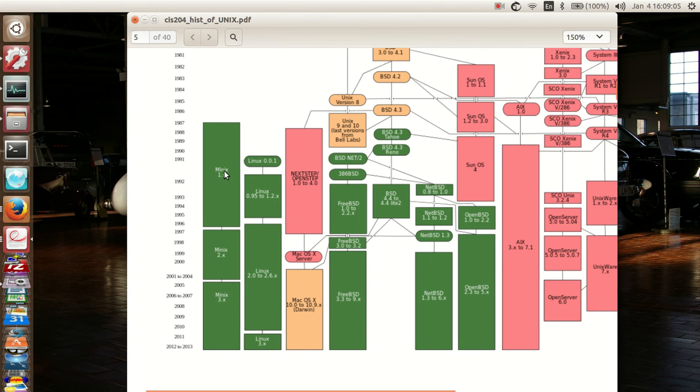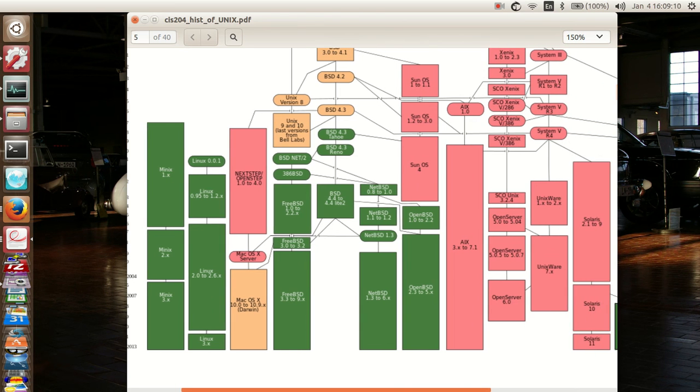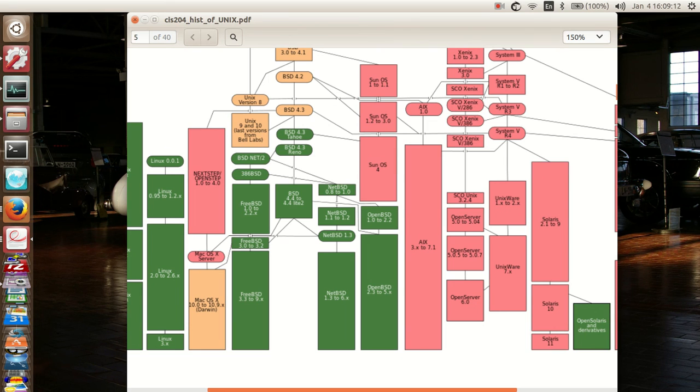This Minix is a miniature version of Unix. There's another OS that's not shown here, amongst many others, and it was Silicon Graphics IRIX. Many of you remember Pixar. Pixar used Silicon Graphics machines quite a bit, and the operating system there was IRIX.